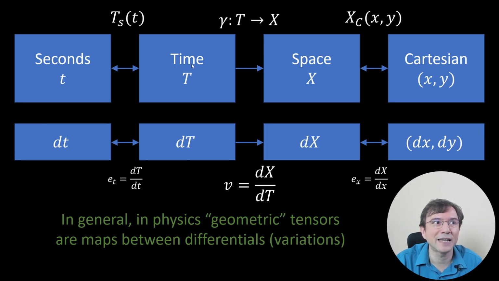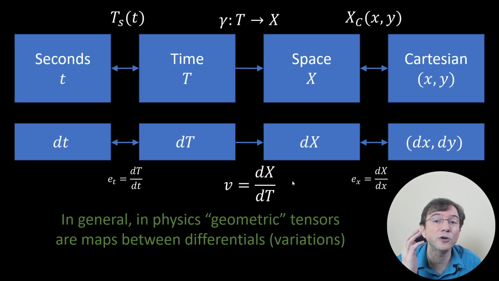We have the map between time and space. Also, this is going to become a map between differentials of time and differentials of space. So this map V is going to be something that, given a variation in time, tells you what is the variation in space. And this is the velocity. The velocity is a map between differentials in time and differentials in space.